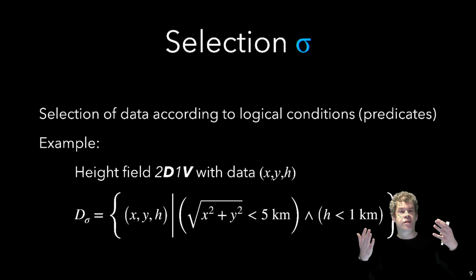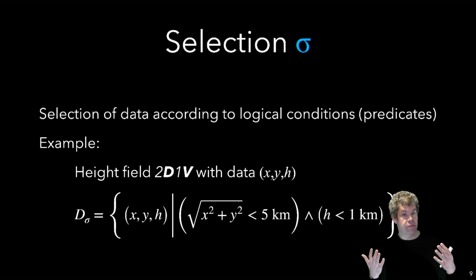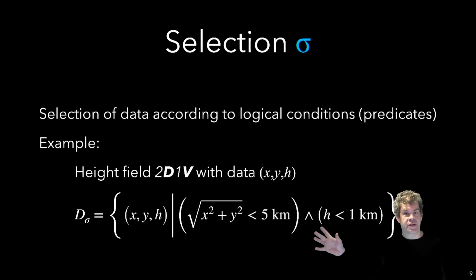And then we would still project them. Usually if we have anything that's beyond 2D, we need to project it onto a screen or a print or a piece of paper. So in general, you see a combination of the two. That's just a very general description of what a selection is: execute a predicate on the data and a domain, and you get some values out, and some are lost.